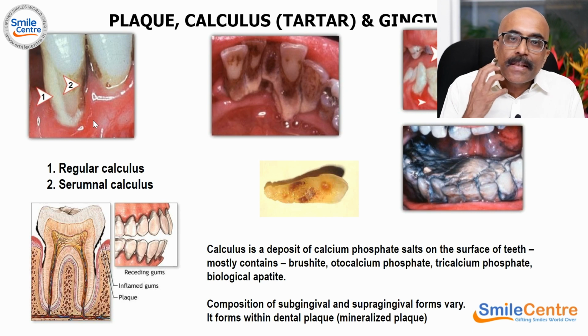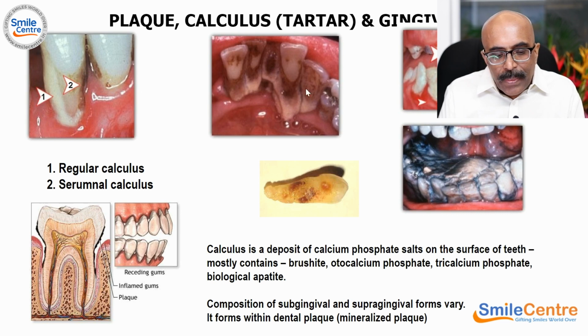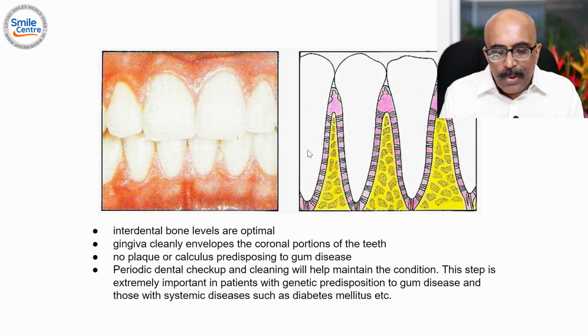Inflammation means the gums start becoming swollen with increased blood supply, and this plaque can progress into the gum further down, causing recession of the gum. Finally the tooth becomes loose because of the loss of gum and bone support. Now let's see how the disease progresses.